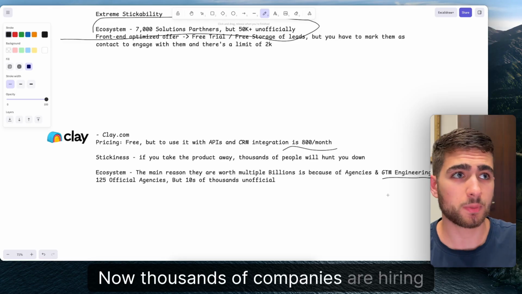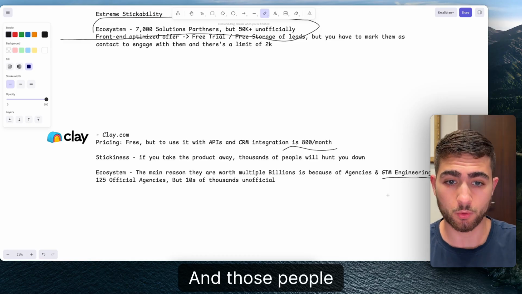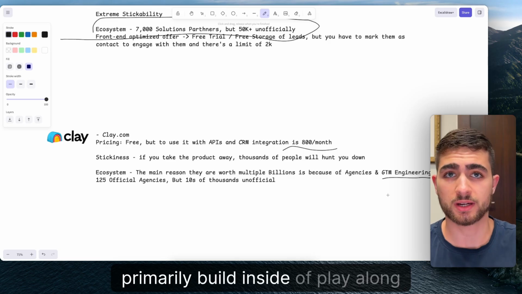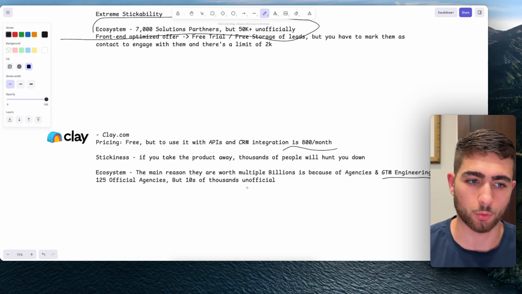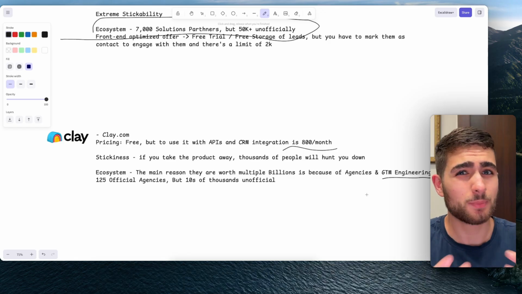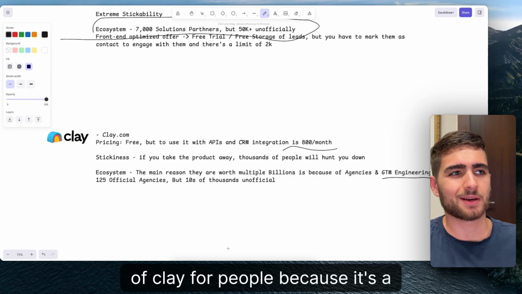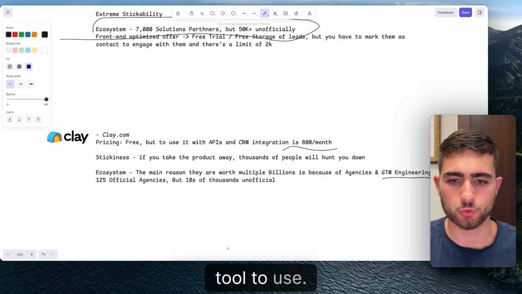Now, thousands of companies are hiring for that job title specifically, and those people primarily build inside of Clay, along with some other tools. So not only do they have this, they have a ton of agencies that are pretty much just building stuff on top of Clay for people, because it's a complex tool to use.